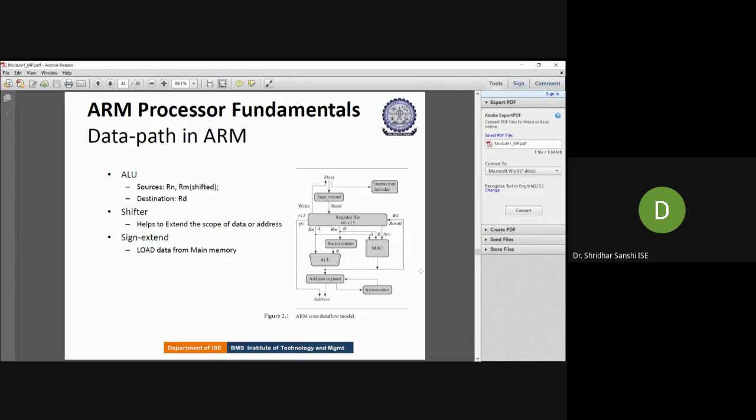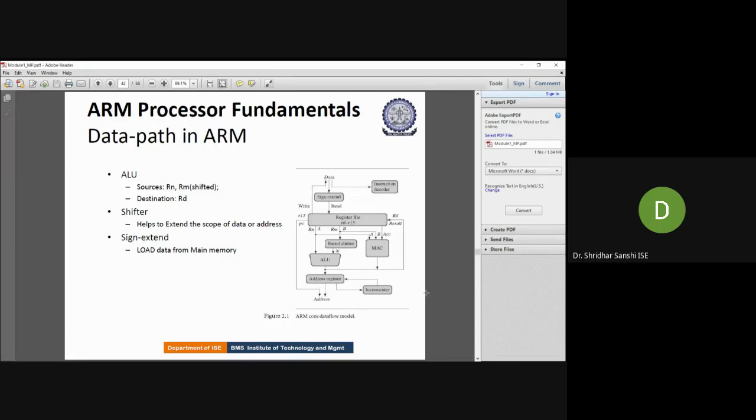For RM, bus B will carry it. Another specialty of the RM register is that the data coming from RM can be pre-processed at the barrel shifter. The barrel shifter pre-processes one of the source input registers, that is RM.